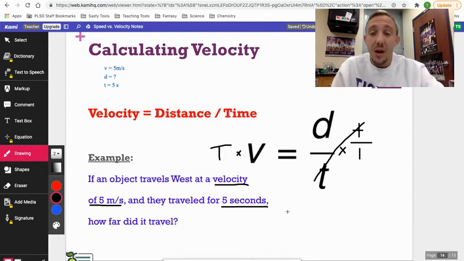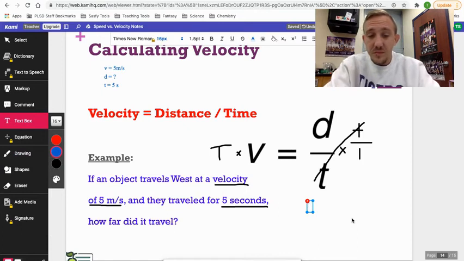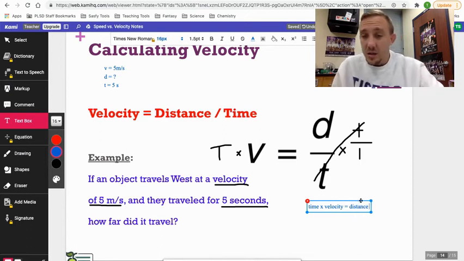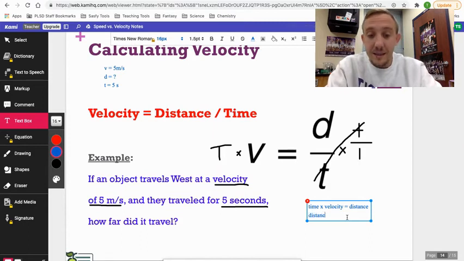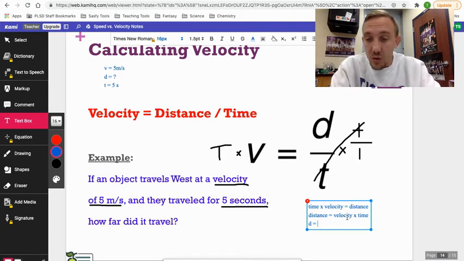Now, if I rewrite this, what this comes out to be is time times velocity equals distance. If I just turn this around, I could also say distance equals velocity times time, or d equals v times t.